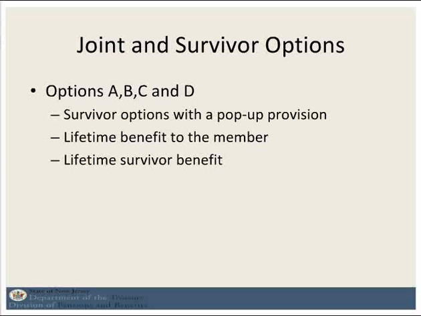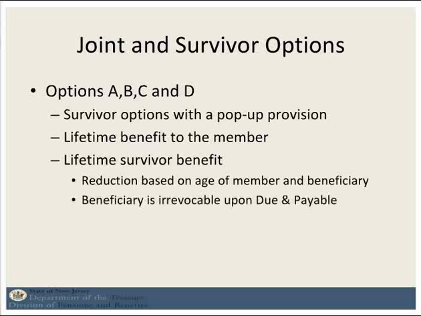In order to provide this benefit, we have to reduce the member's pension based on how much money they wish to leave their survivor, as well as their age and the survivor's age at the time of retirement. In addition, whoever is chosen as beneficiary is irrevocable once the pension becomes due and payable.